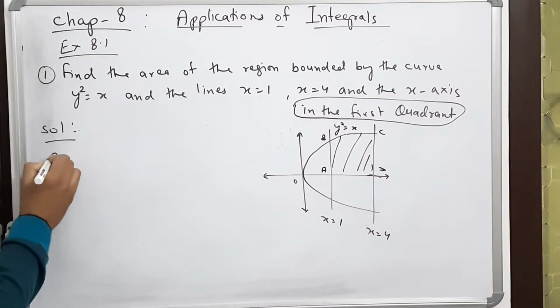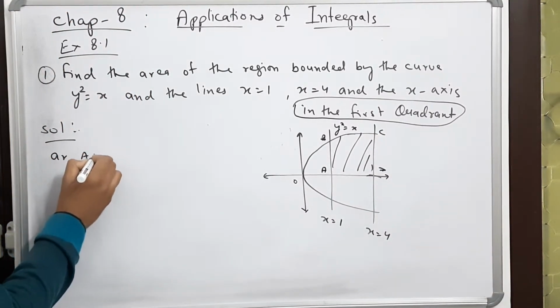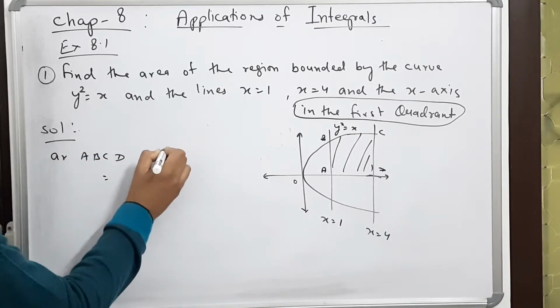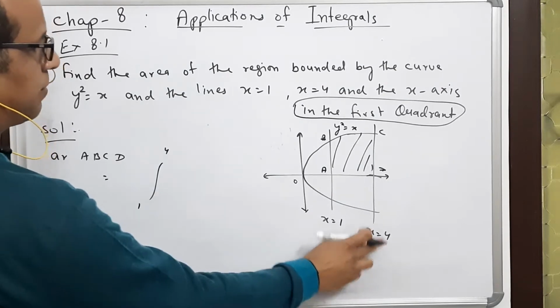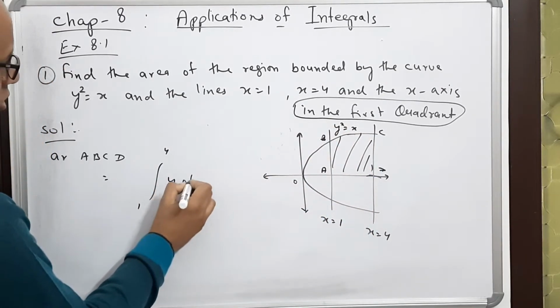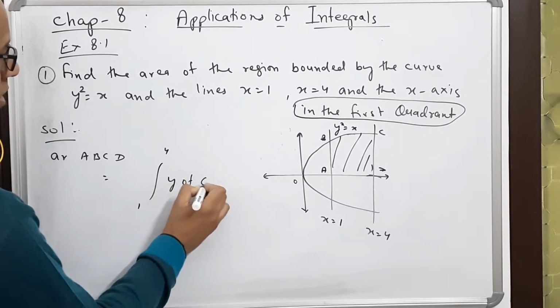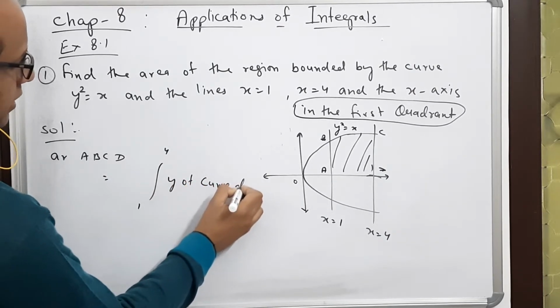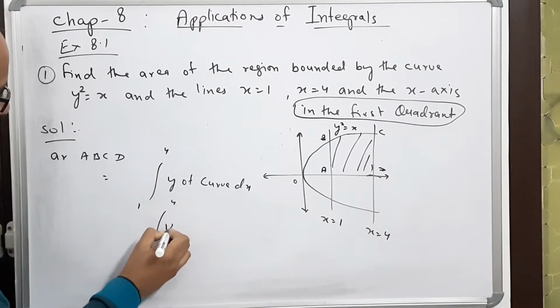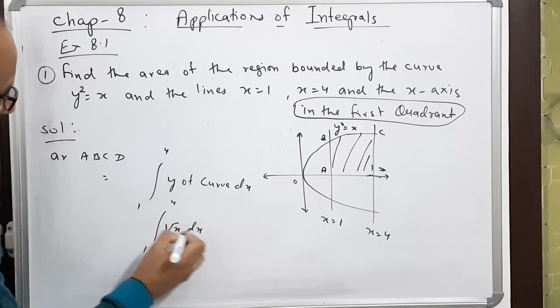So area ABCD equals the integral from 1 to 4. This is the lower limit, this is the upper limit, and the function is y of the curve, dx. And here y of the curve is root x, dx.